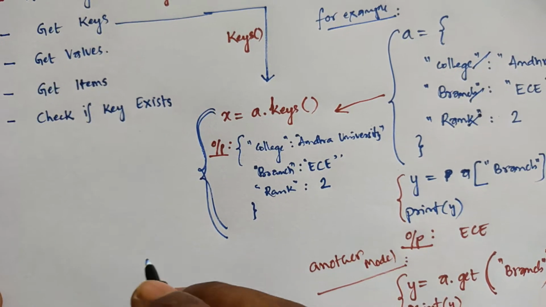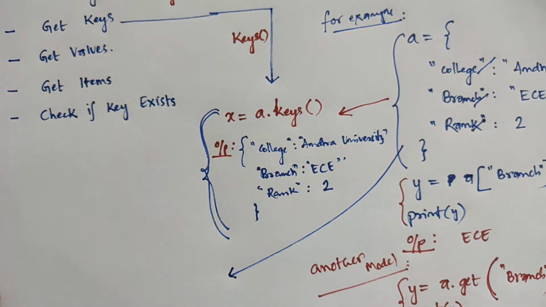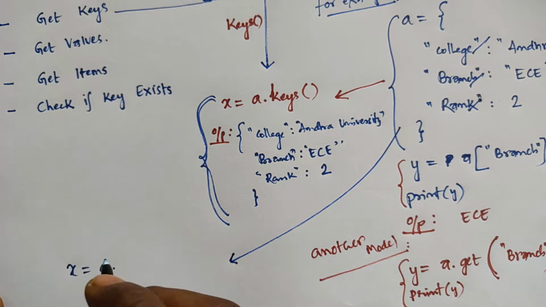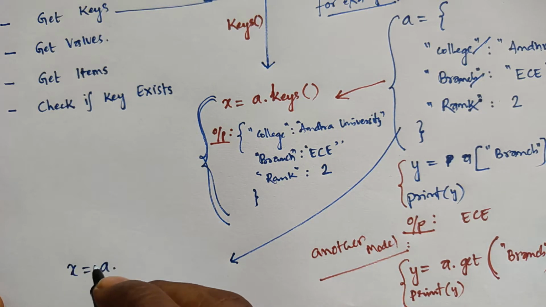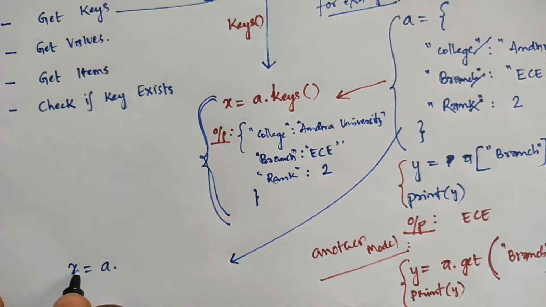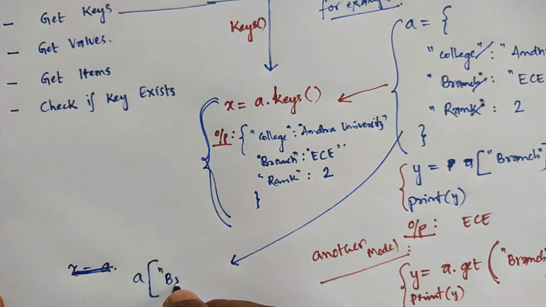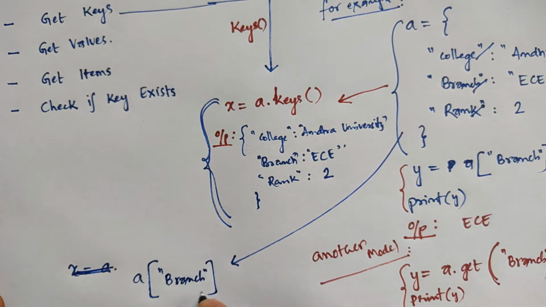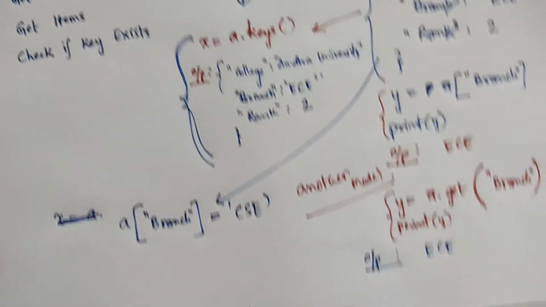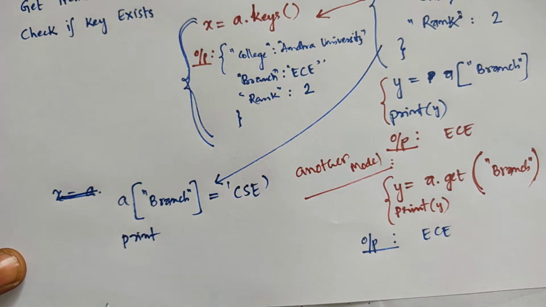Write x is equal to a dot keys, then a in square brackets, branch equal to CSE. After that, write print of x.